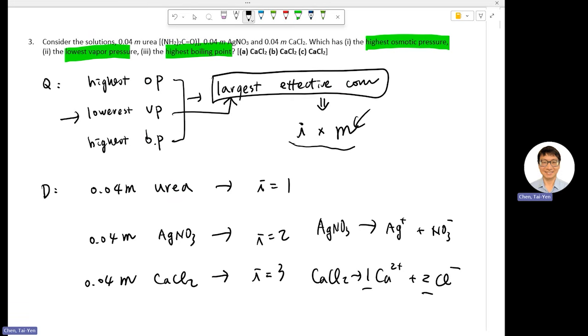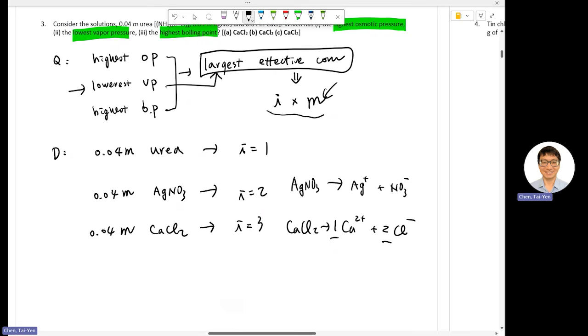Since all three are looking for the solution that gives you the highest effective concentration, the answer for all three would simply be CaCl2. Any questions for this?